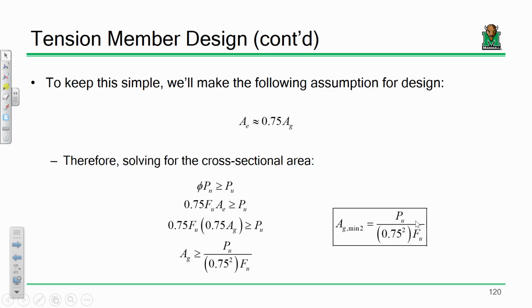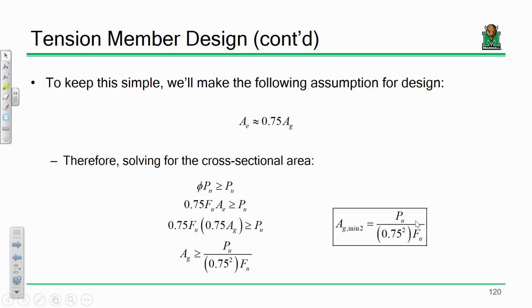And so what I'm suggesting is that this 0.75 is a reasonable guess, because remember, what are you doing? You're taking your gross area, you're reducing it to get to your net area, then you're multiplying it by a U value to get an effective net area. Again, I have no idea what the connection looks like. None whatsoever. So I've got to make a guess right now in design mode.